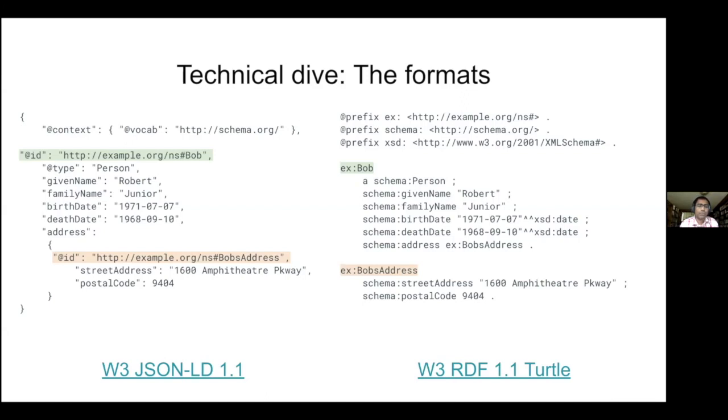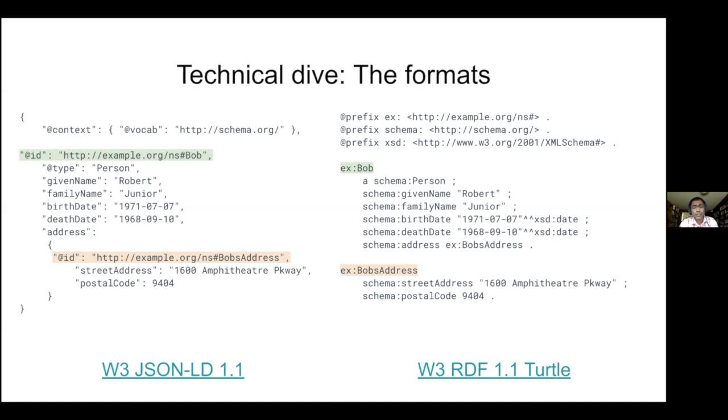We say Bob is a person, Bob has a given name, Robert, Bob has a family name, Junior, Bob has a birthday, a death date, and an address. And within the address, we're giving it another ID. We're saying this is Bob's address, and Bob's address has a street address of 1600 Amphitheater Parkway. Bob lived at Google, obviously, from 1971 to 1968 at some point in time, and had a postal code 9404.